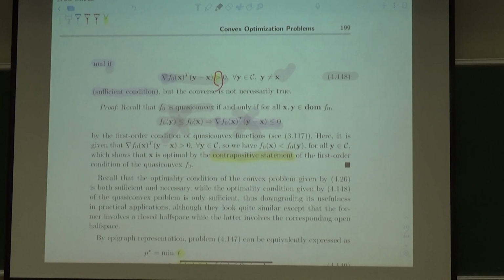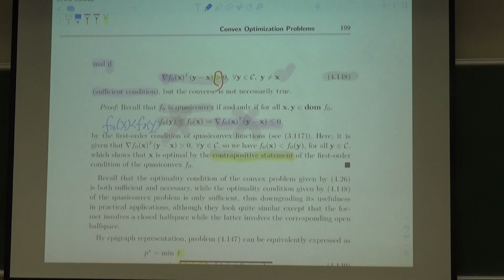Then this is not true means F0x is strictly less than f01. That's right.